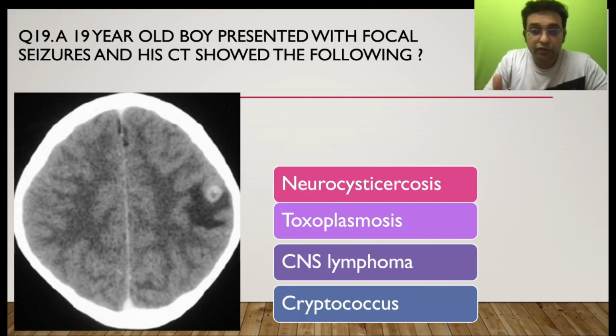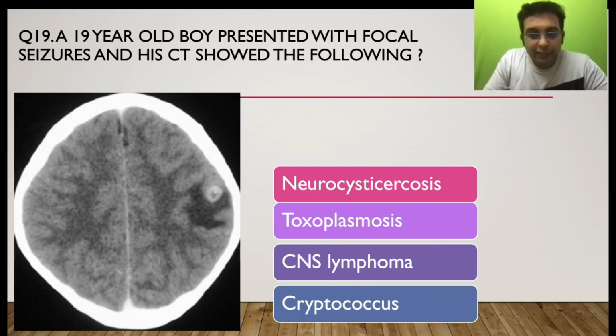But you should also know that in toxoplasmosis, the eccentric dot sign is usually multiple, and if at all it is present, it will be more in the gray-white junction, and it will also be there in the deep gray zone, that is in the basal ganglia region, and the edema will be a bit more, and the number of these eccentric dot signs or cysts would be more.